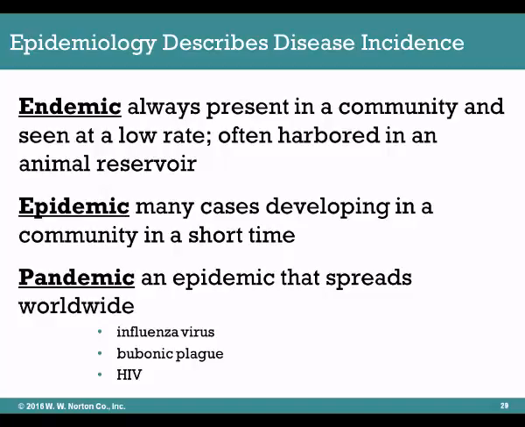It's always present in the environment in that geographic site, and people are always getting sick year to year from that disease. Epidemic is when there's an unusual increase in the number of cases that are present in a community in a short period of time. And pandemic is when an epidemic spreads worldwide.